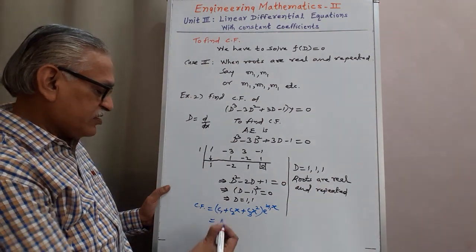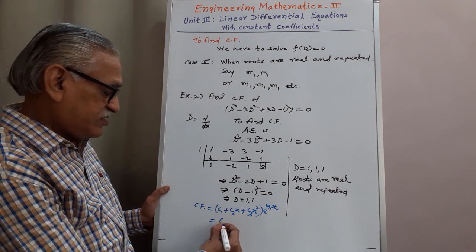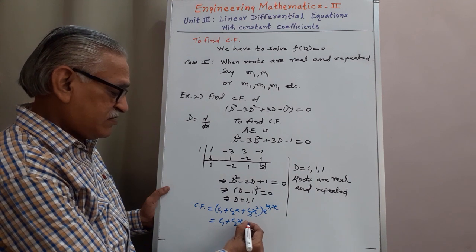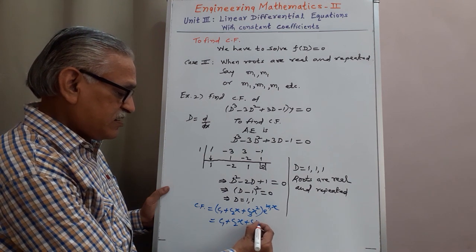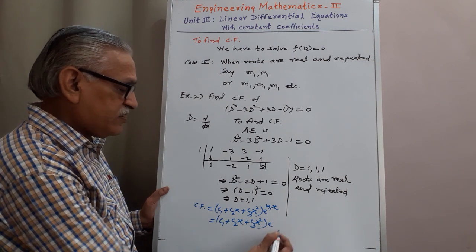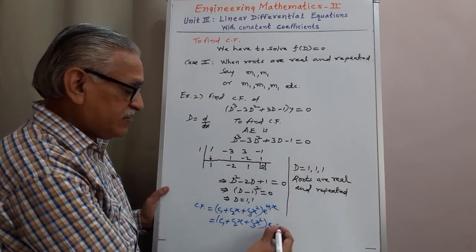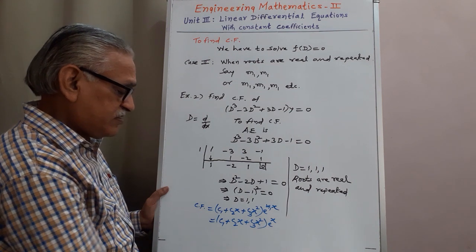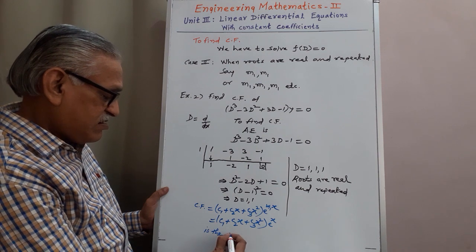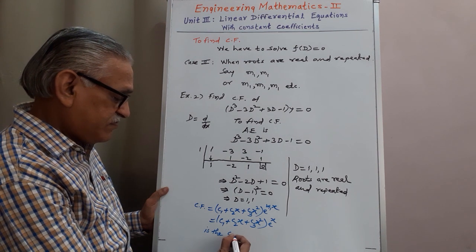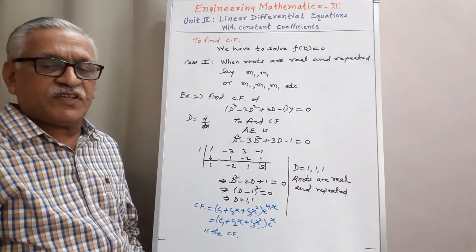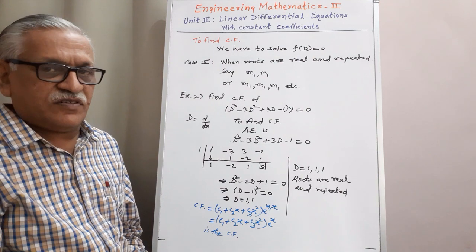Therefore it is equal to (C1 plus C2x plus C3 x square) into e raised to m1x. The value of m1 is here 1, and therefore e raised to x is the required CF, the complementary function, or the first part of the solution.